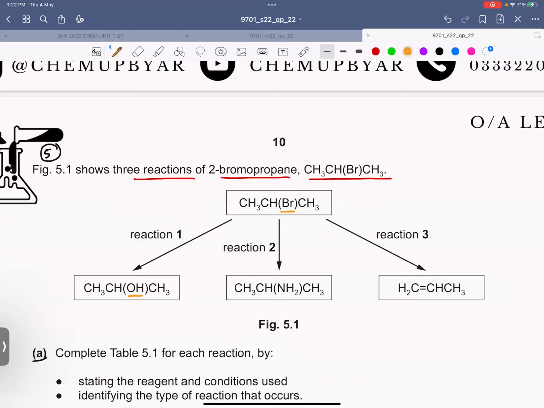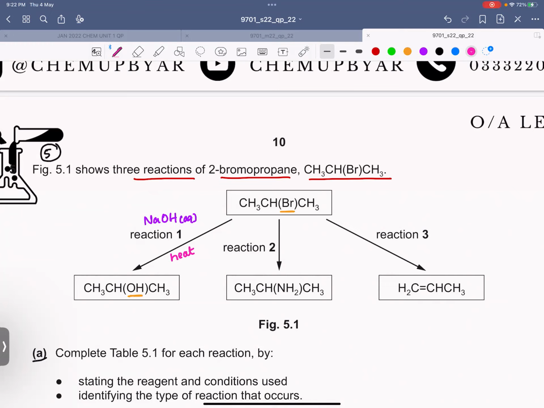Okay, so if you recall the reagent for this reaction, we normally use aqueous sodium hydroxide, and the conditions are heating or reflux for this reaction 1. Is this clear?